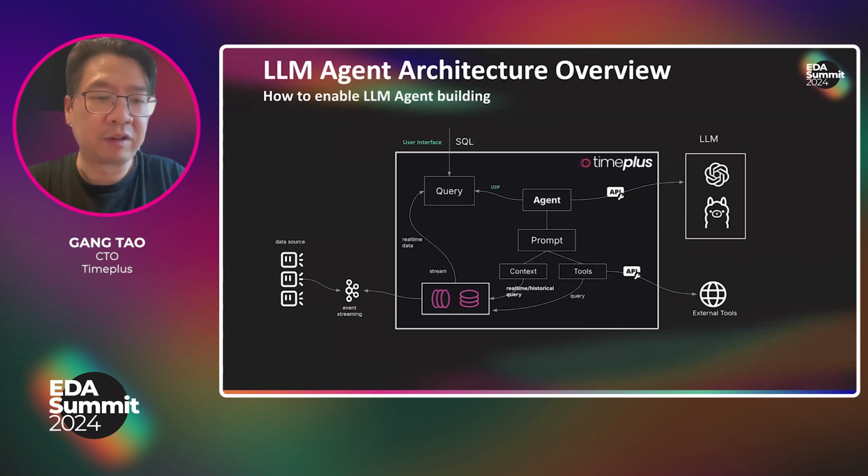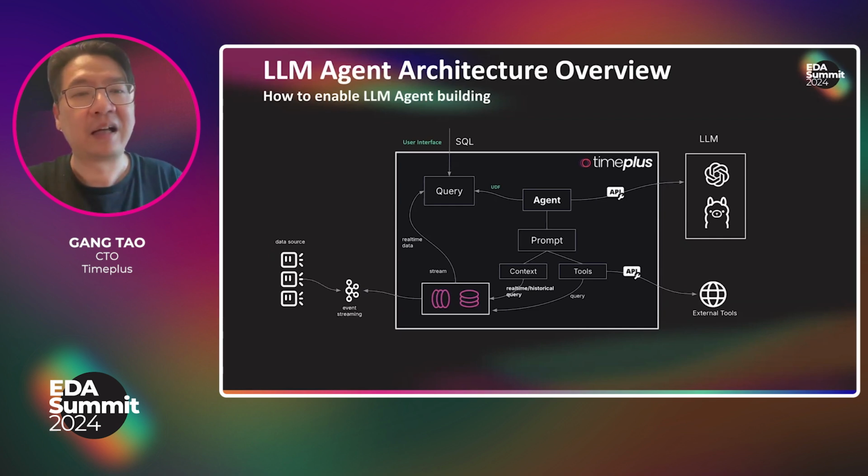Fundamentally, in real time, you have your event data stream or data source, and you can send that data to an event stream like Kafka or NATS, or you can directly push to Timeplus. Then we have a stream of data, and the user can run a SQL query on it. It's a real-time query. That means as soon as there are new events, they can be processed by this query in real time.